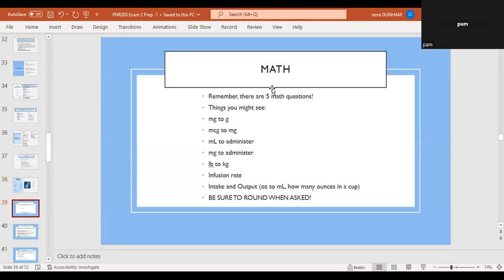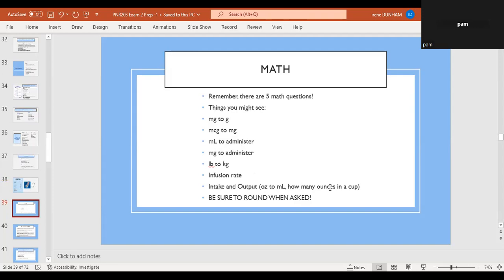Okay, now we're almost finished here. In the math, remember there are 5 math questions in every test and things you might see. So you want to know your milligrams to grams and micrograms to milligrams. And then mL to administer, mg to administer, pounds to kilograms, infusion rate, and intake and output.